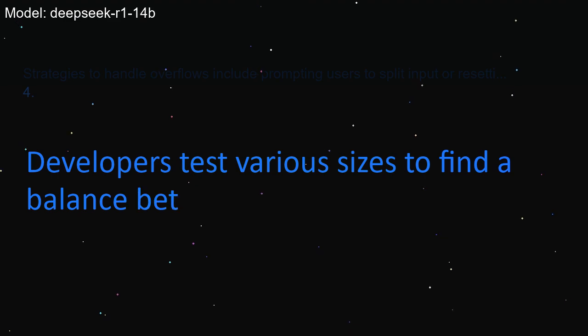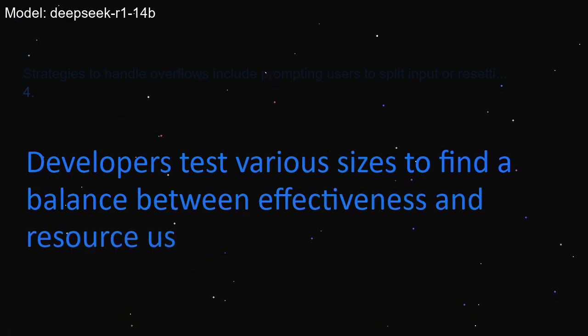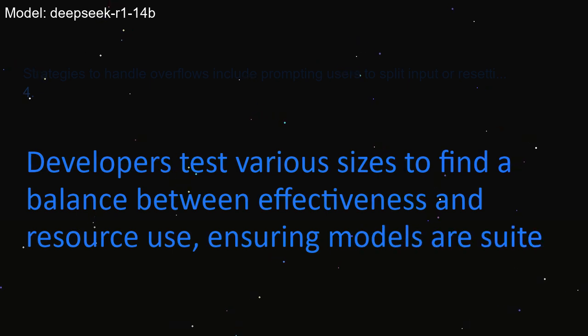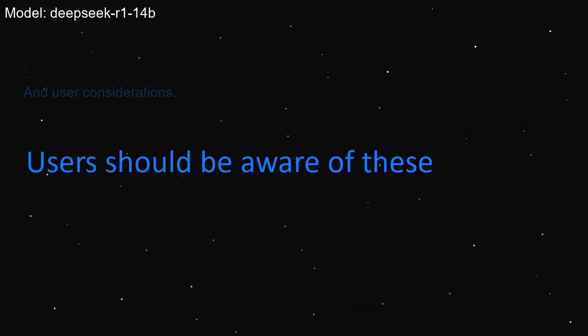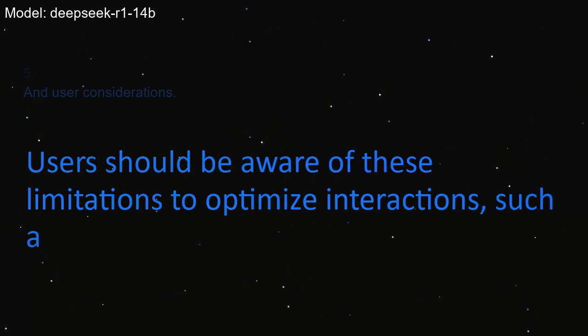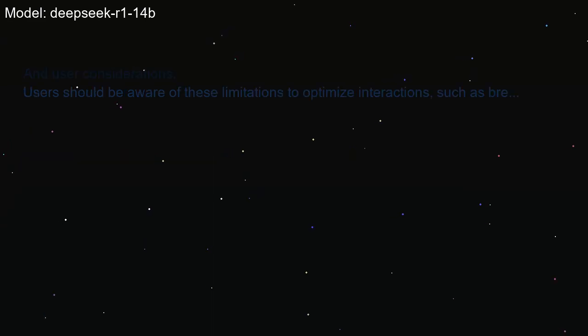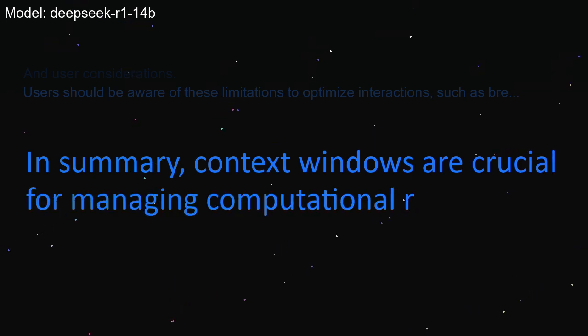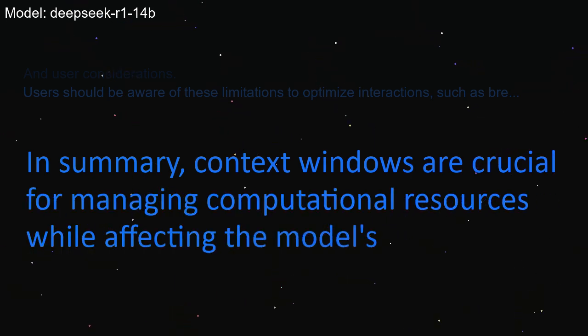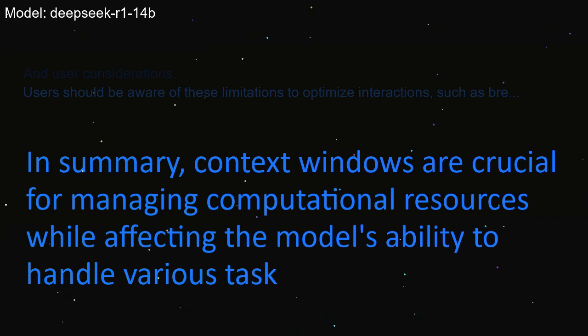Developers test various sizes to find a balance between effectiveness and resource use, ensuring models are suited for their intended task. 5. User considerations. Users should be aware of these limitations to optimize interactions, such as breaking down lengthy inputs. In summary, context windows are crucial for managing computational resources while affecting the model's ability to handle various tasks efficiently.